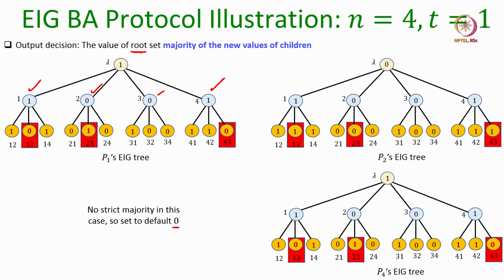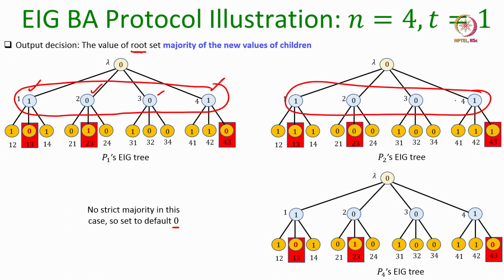So, we can take a default value 0 as the root. And you see closely what has happened is the new values of the root node in all the EIG trees turn out to be the same. Here also it is 1 0 0 1, here also it is 1 0 0 1.